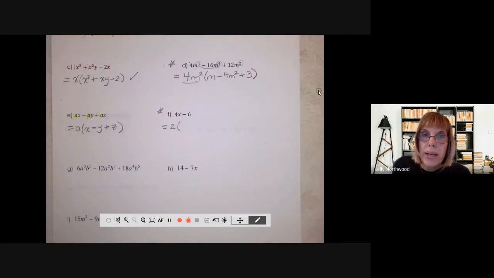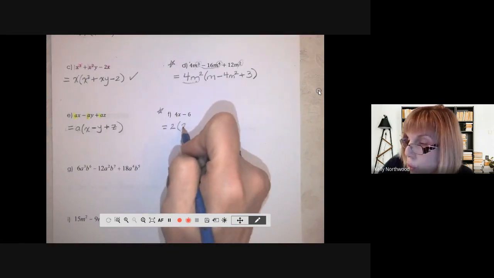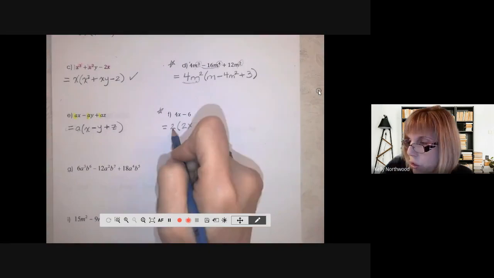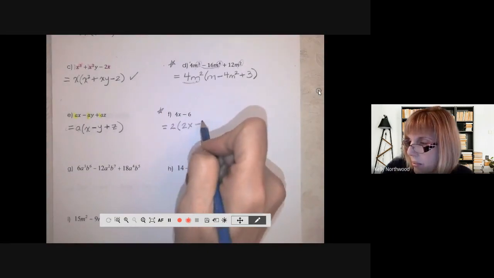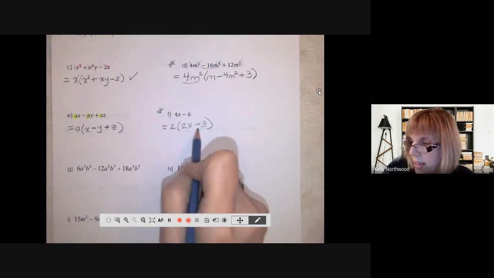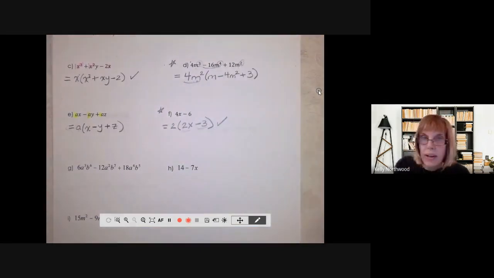So 2 is your greatest common factor. And then what do you multiply 2 by to get 4x? 2x, not just x. And what do you multiply 2 by to get negative 6? Negative 3. And then if you do look inside, 2x and negative 3 don't have any common factor other than 1. So you have done it right.